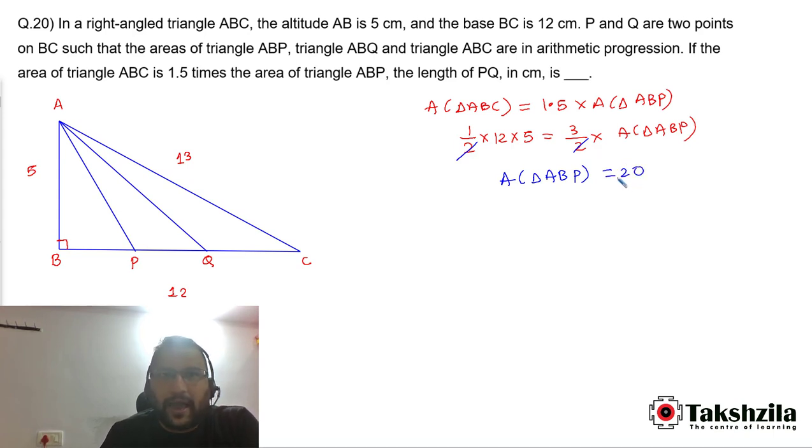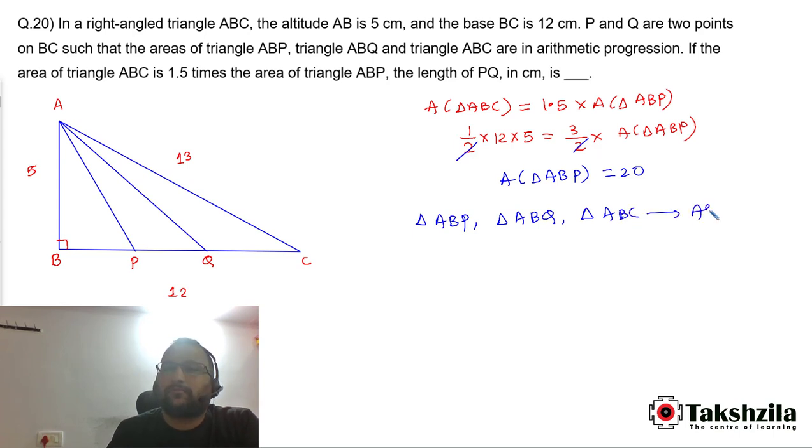Okay, and we know one more thing: the areas of triangle ABP, then triangle ABQ, and triangle ABC are in arithmetic progression.